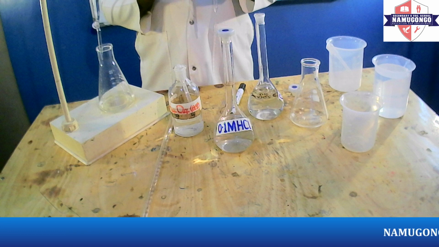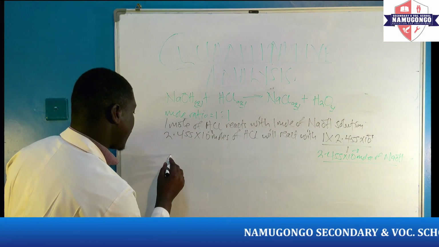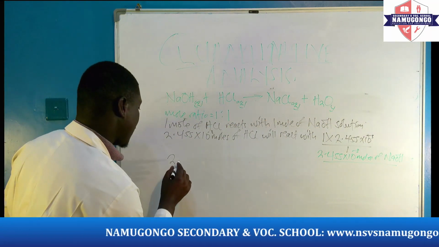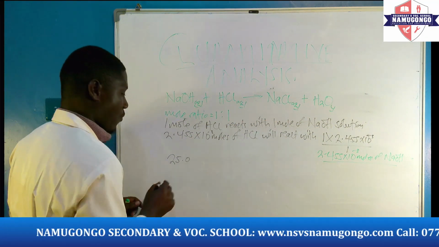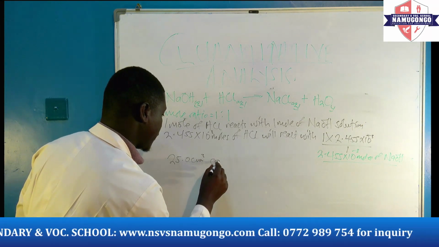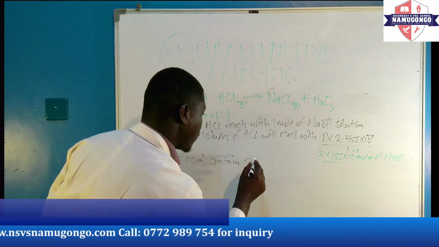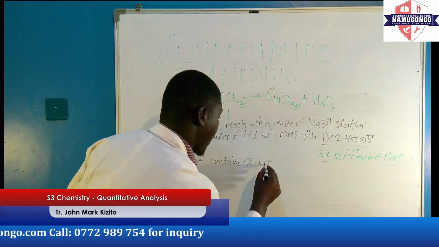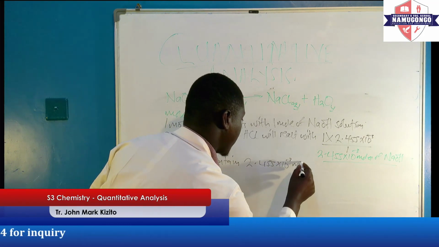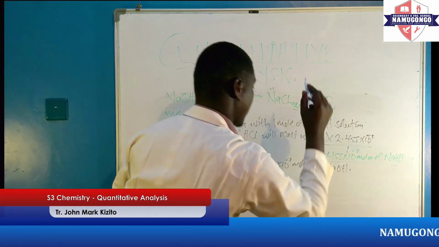So what are we going to do here? We shall begin by having the volume of sodium hydroxide that we pipetted, which reacted, which is 25.0 cubic centimeters, containing this number of moles, 2.455 exponent negative 3 moles of sodium hydroxide.